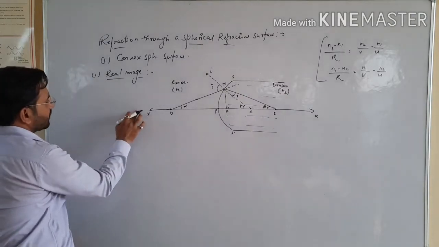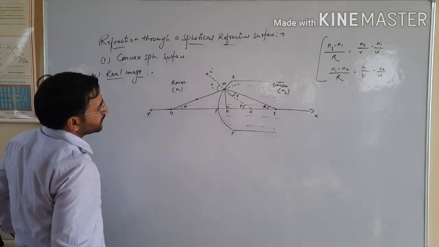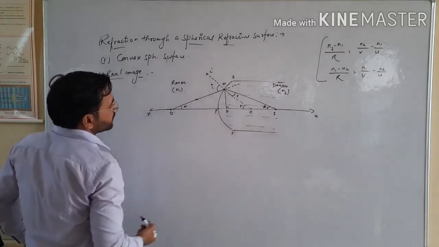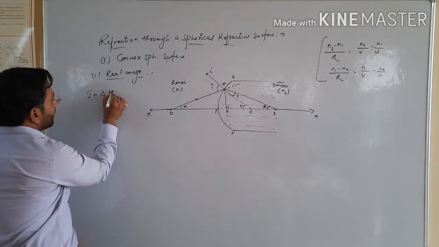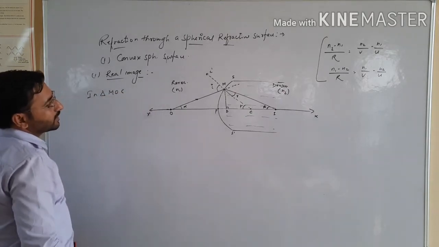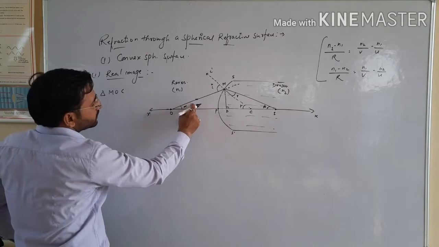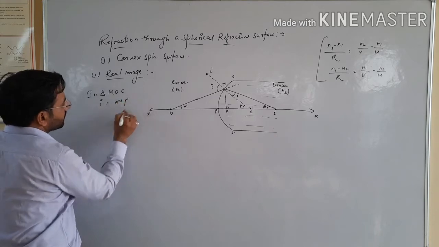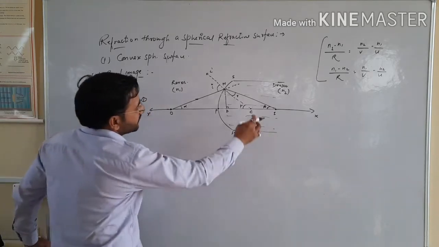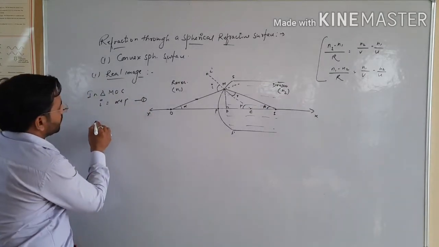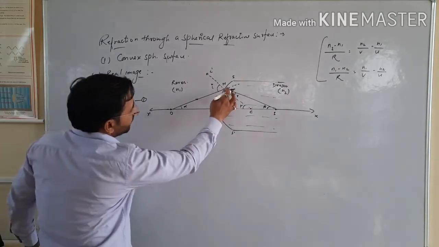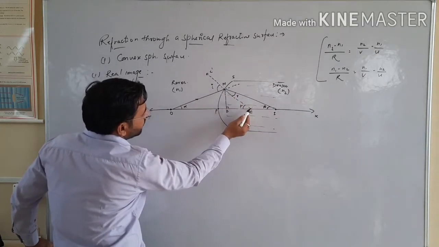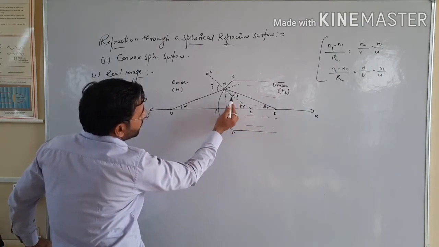First, using some geometry, in triangle MOC, by the exterior angle property, this is the exterior angle and this one is the interior, so i equals alpha plus gamma. This is equation number 1. And second, when we talk about this part, in triangle M, you can say this is r.